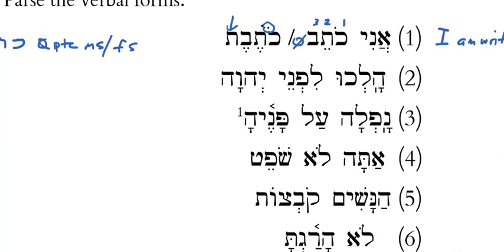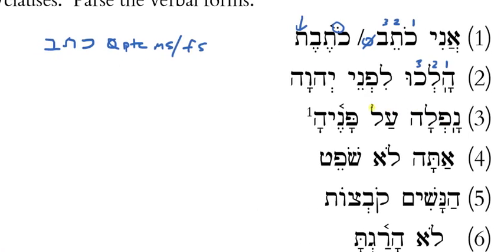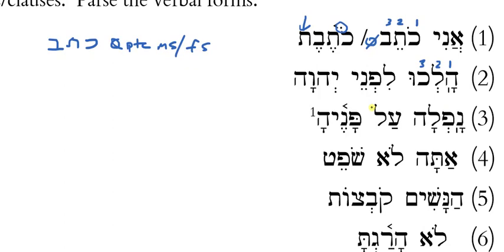Now, let's look at number 2. Say this with me. Halchu lifnei Adonai. Here's my verb, here's my 3 root letters. Is this the Qal perfect or the Qal participle? Halchu. It is a Qal perfect. How do you know it's not a Qal participle? It does not have the O-A vowel pattern, and the most important thing is it doesn't have the O with root 1, no holem vav. So my verbal root is halach, and it's a Qal perfect.